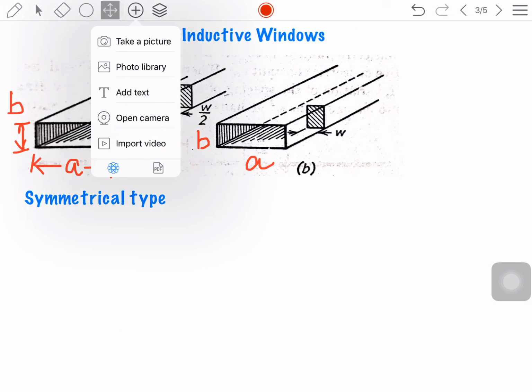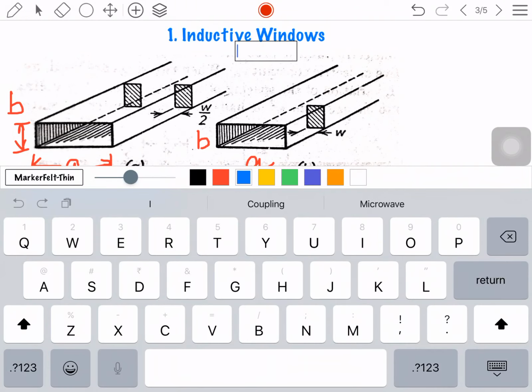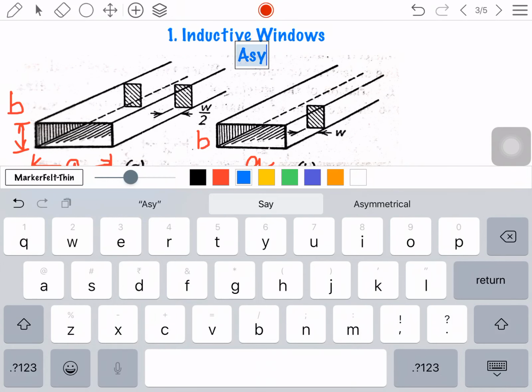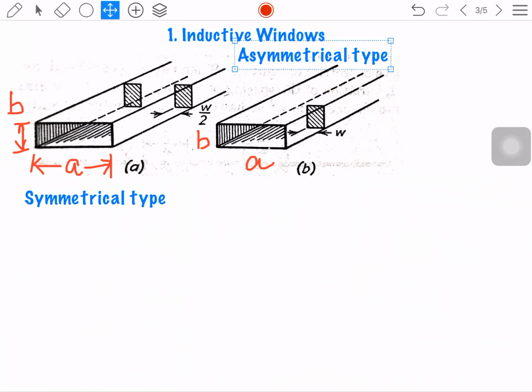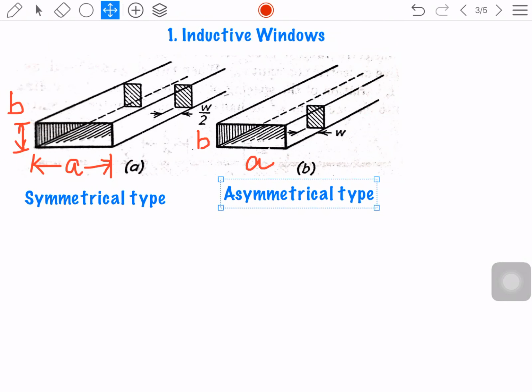Moving to the second figure, we have placed only one window from any one side, and this is called an asymmetric type. These are the two ways we can create an inductive window.